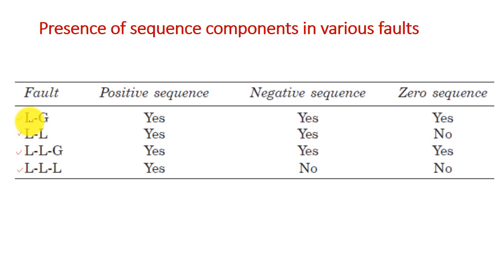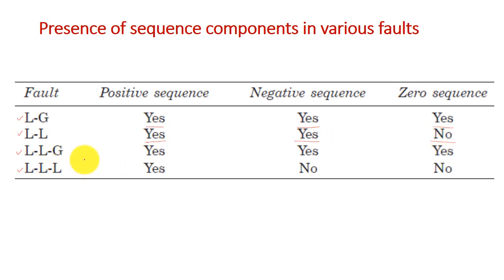For a line to ground fault, obviously the positive sequence component exists, and also the negative sequence component and the zero sequence component exist. But in case of a line to line fault, only the positive and negative sequence components exist, and the zero sequence component becomes 0.